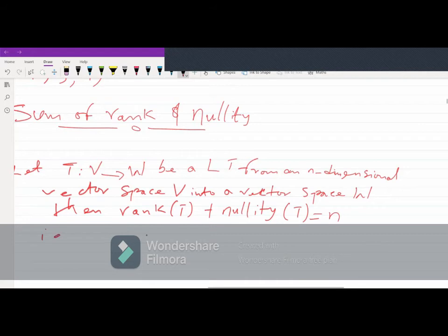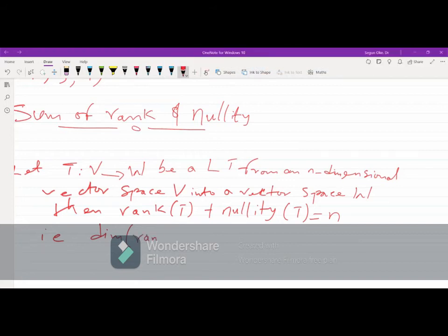That is, dimension of range of T, we all know what it means, plus dimension of kernel of T (we did kernel last time) is equal to dimension of the domain of T.